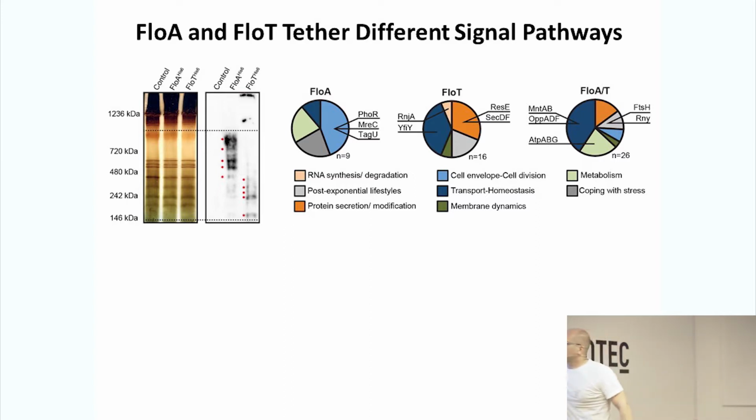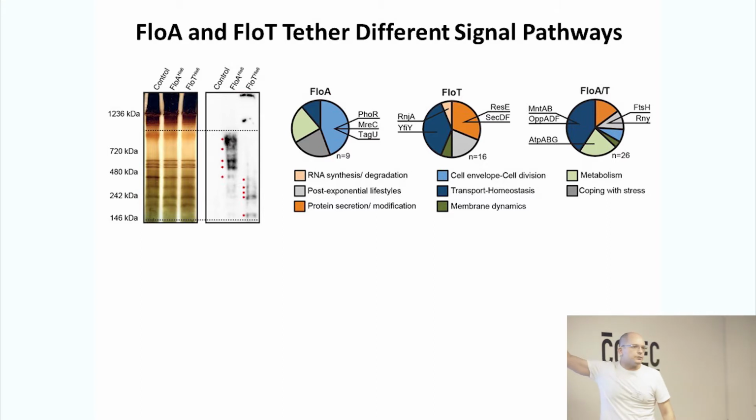In contrast, Flo-T, which is a protein that comes later, in stationary phase, we showed that interacting partners of this flotillin are more associated with the stationary phase, like biofilm formation, production of antibiotics, production of siderophores. Again, we don't know if this is because these proteins are specifically programmed to interact with this cargo, or it's just because they come at the time that these proteins are produced.